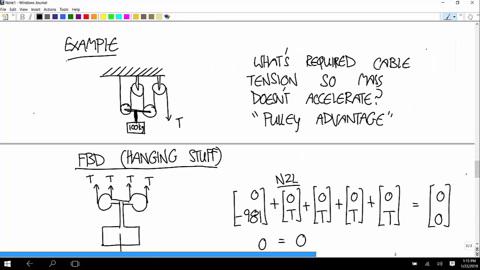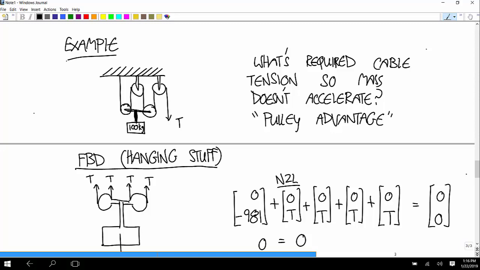And the trade-off is, well, if you're just holding it up, then that's fine, because how much work are you doing when you're just holding something in place? None. But if you want to use this setup to lift this thing up, the trade-off is, think about this, to pull your little part of the rope down 1 inch, that inch is coming from all 4 of these things.